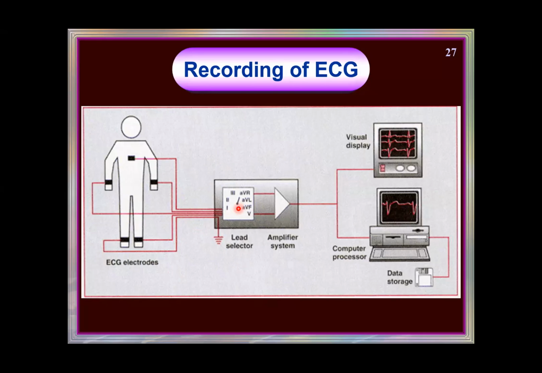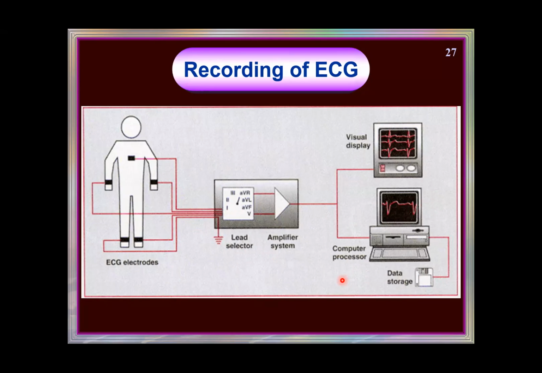And the amplification is made so that the microvolts come into millivolts. Those are either visually displayed on the screen, or recorded on paper, or saved onto a disk or a pen drive, or transmitted as an image to your other doctor friend.